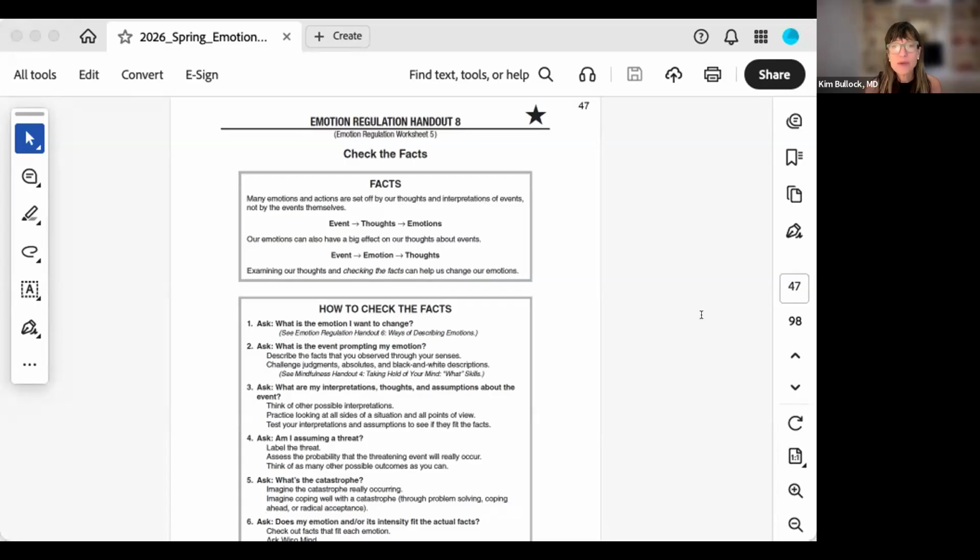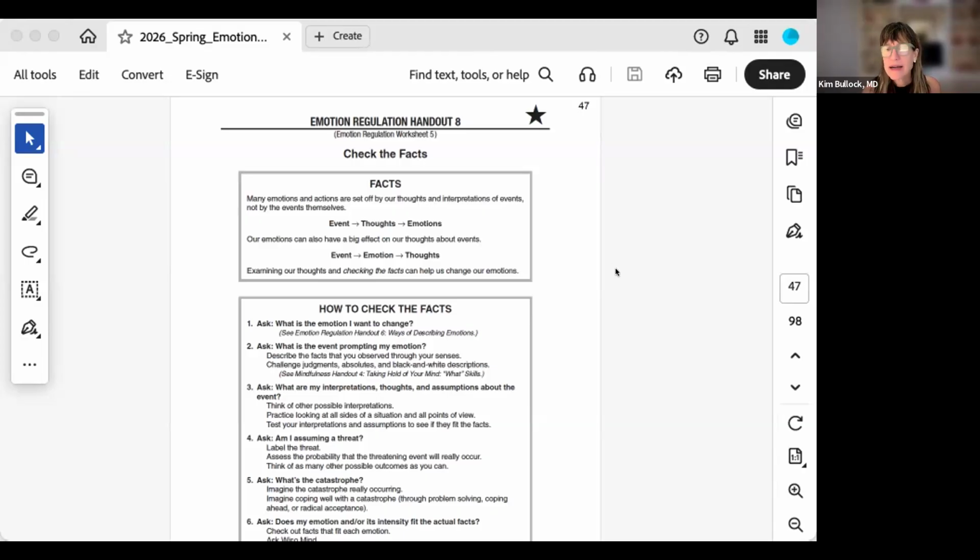Knowing the facts of the situation can really help us problem solve emotional situations, and knowing the facts can help us change the facts and give us some influence and autonomy over a situation that we may not have had otherwise.